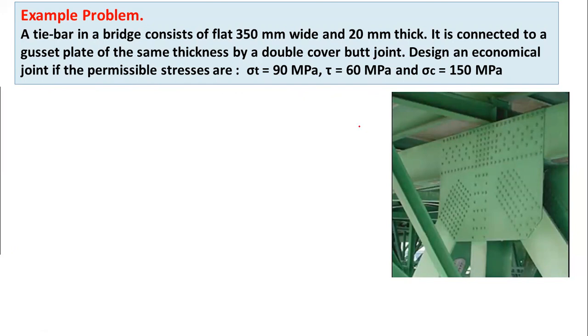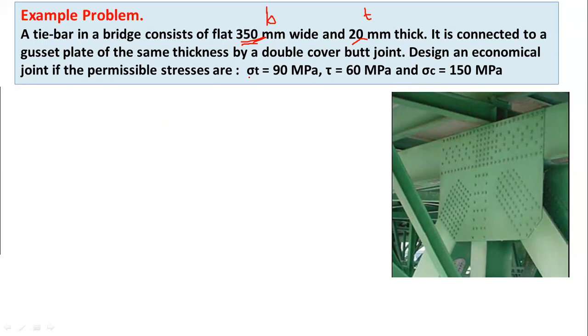From these given values, you have to design a structural joint. First of all, you have to identify the given values. Here, the width of the plate is 350 mm, this one is a small b, and this one is the thickness of the plate, that is small t.